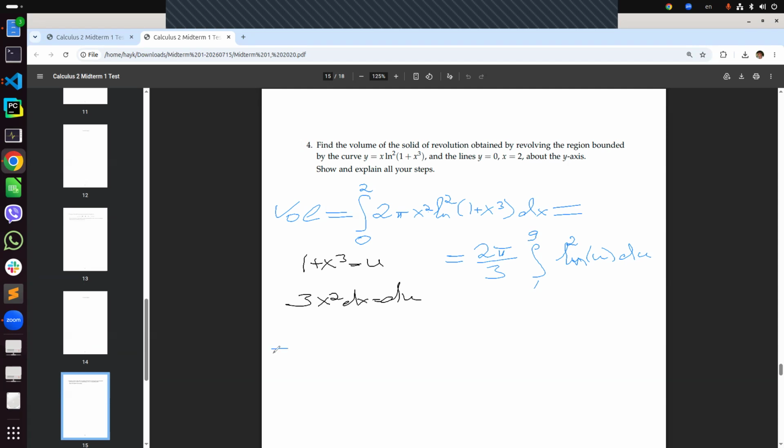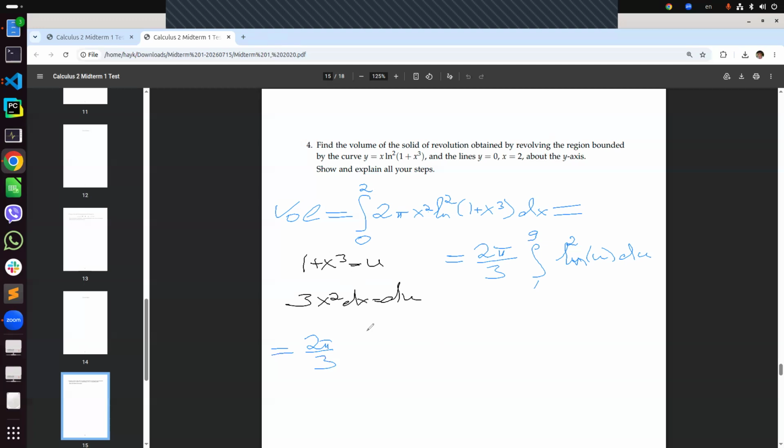And now let's calculate the integral of log squared u. Do you have a suggestion how we can calculate it? If no suggestion, do you remember how we calculate just the integral of logarithm x? You are right, integration by parts.